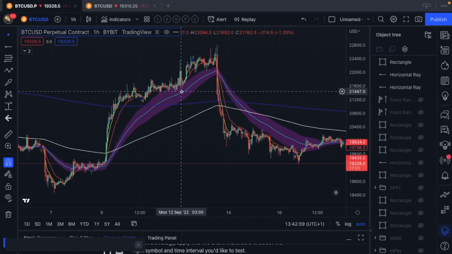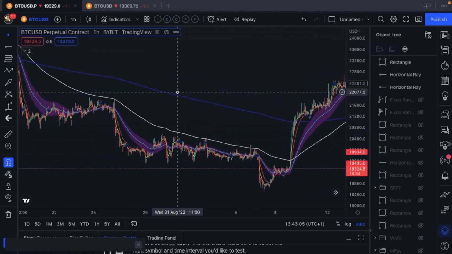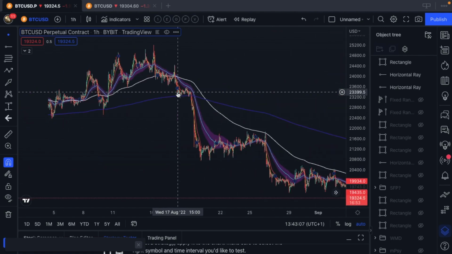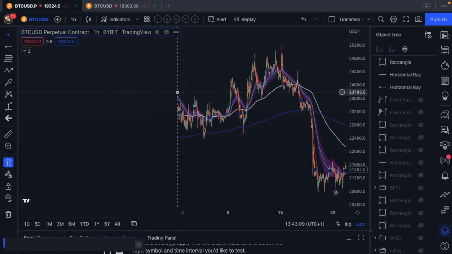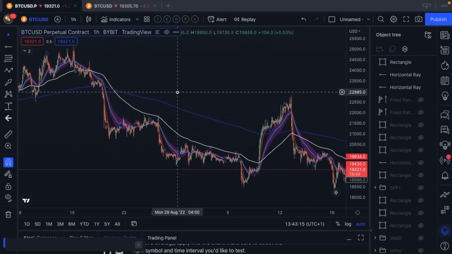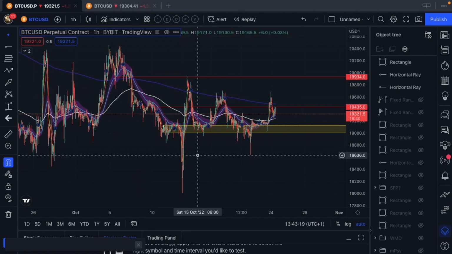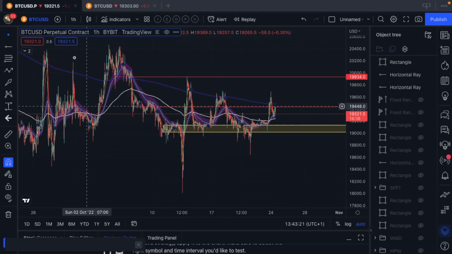But we never actually hit the 50. We come into the cloud a little bit, and you'll see there's many times where we don't even come back to the cloud. Like it's so directional. So if it's really a raging bull market, you're not going to find that retest of the 50 all the time, okay? But that is ideally what you want.